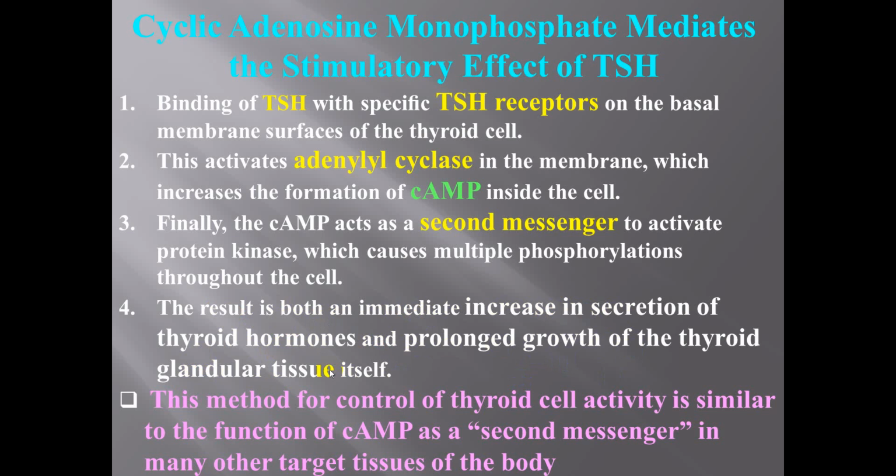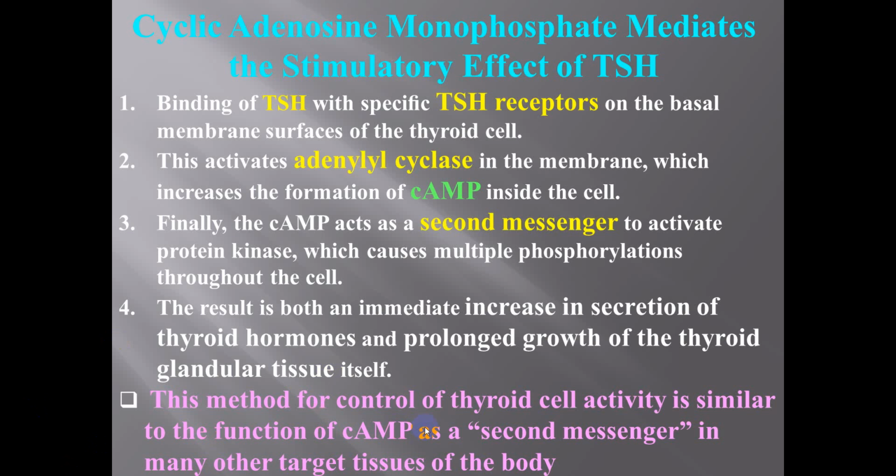This is the second messenger. If one wants TSH stimulation to stimulate production of T3 and T4 from the thyroid gland, it needs to pass through the second messenger stage, or activation of the second messenger, which here is cyclic AMP, adenosine monophosphate.